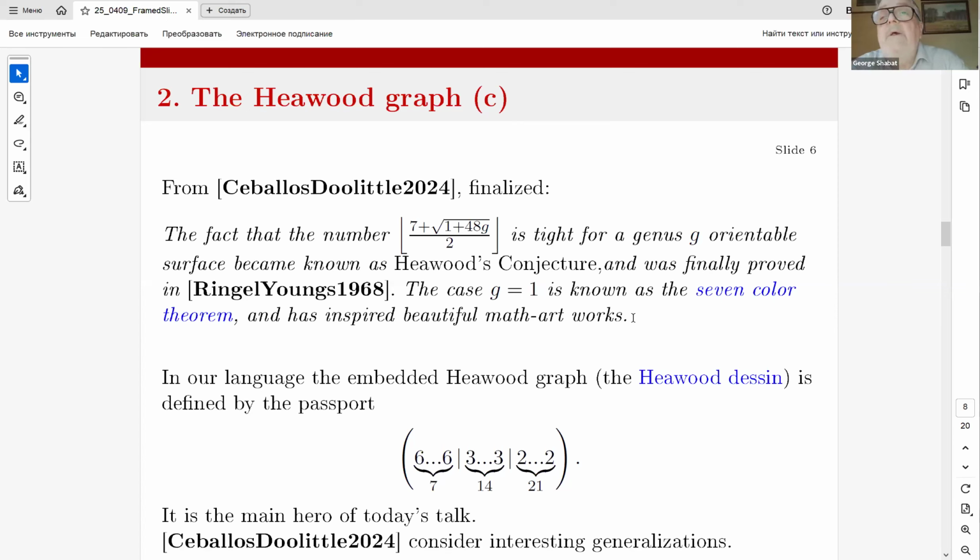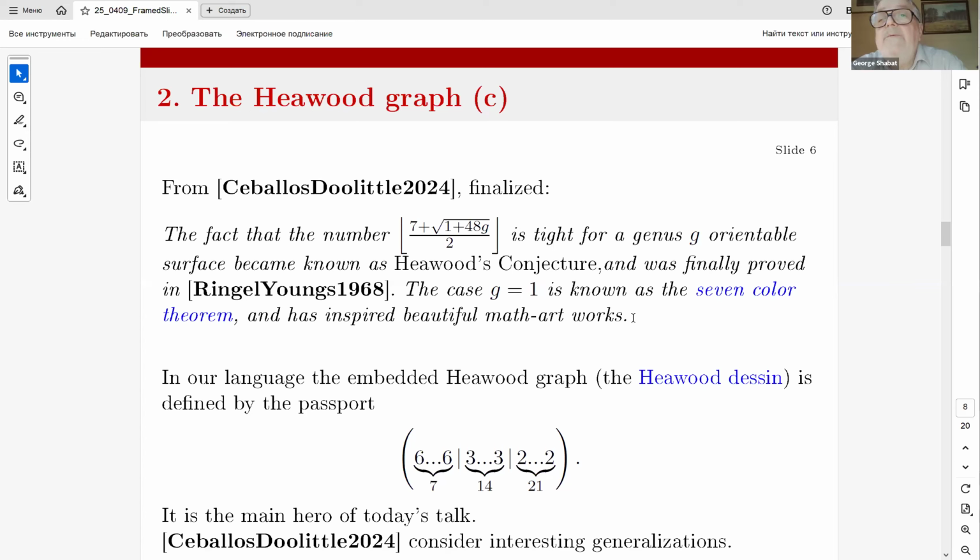Yes, so as we see, the tightness of the Heawood function is quite a recent result. Some of the participants were already alive when it was proved.